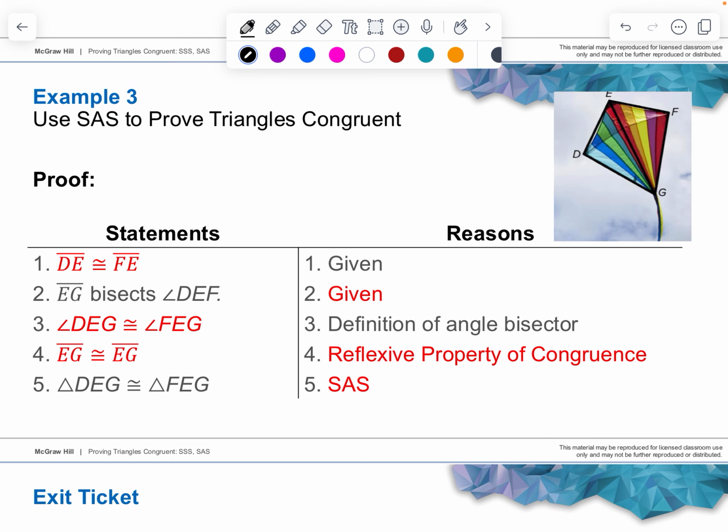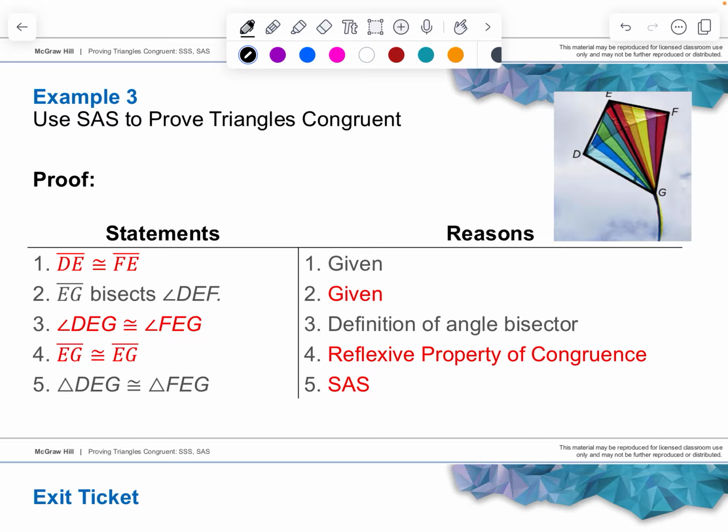Now, because of that definition of angle bisector, because this guy came in and bisected that angle, we now have 2 new angles. We have DEG and FEG, and they are equal to each other because bisect means cut in half. Okay? So that's great.